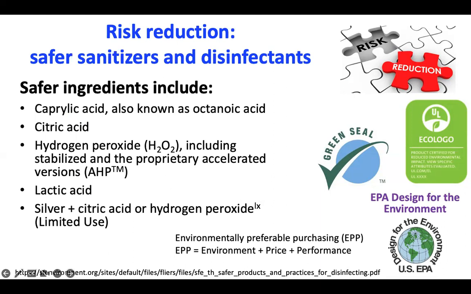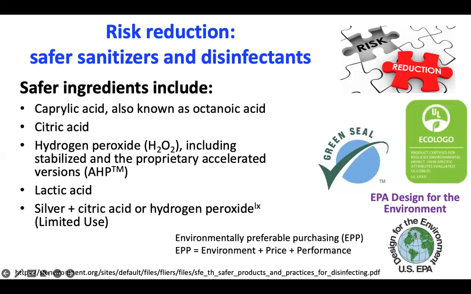Make sure you check with your state regulation to choose some of those ingredients, because some of them are registered in certain states, not in other states. For example, over a dozen citric acid containing non-food contact surface sanitizers and disinfectants are registered for use in California. So that's why you should check with your state regulations.